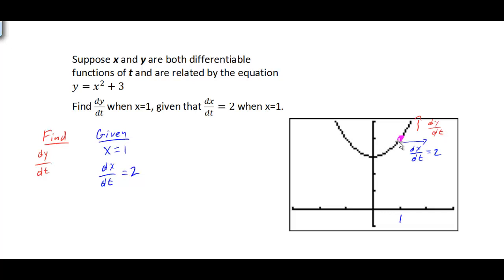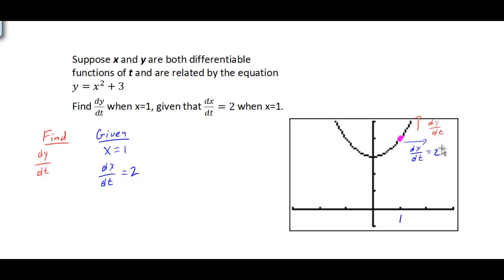If we think about moving along this graph, do you anticipate that if dx dt is 2, dy dt is going to be bigger than 2 or less than 2? If you look at the shape of the graph, you may be able to make some type of an educated guess of what's happening at this point, thinking about the way the graph is curved here.